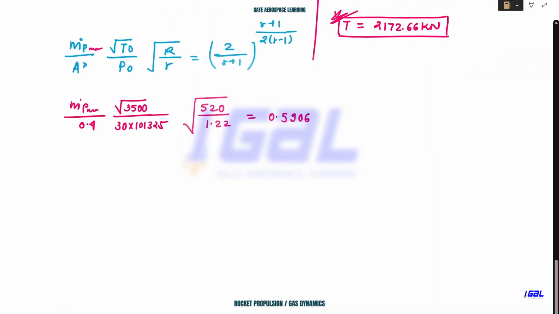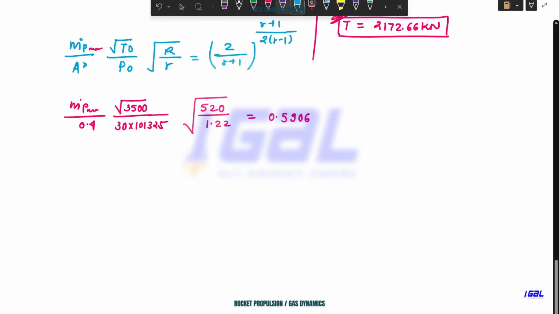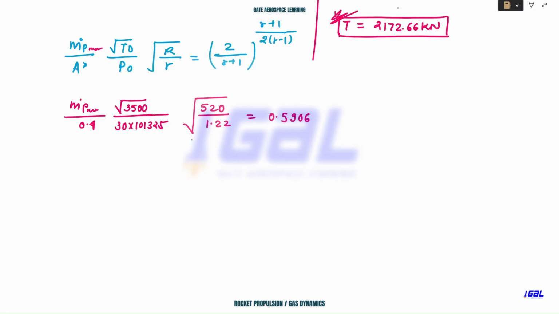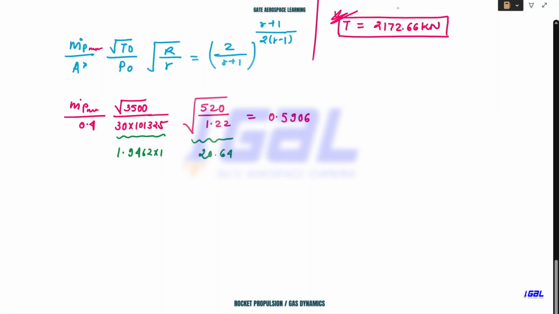All right, so now you simplify this equation. You just need to do this. This value I got as 20.64. This value I got as 1.9462 into 10 to the power minus 5, and this is just m dot p divided by 0.4.